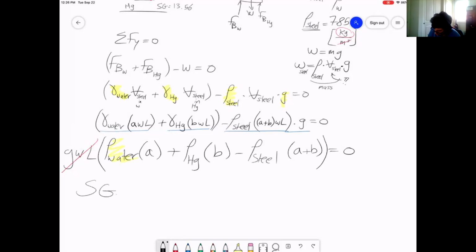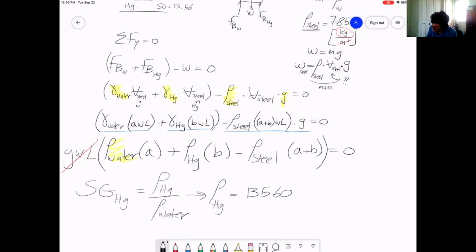We have the specific gravity given. It'd be specific gravity of Hg equals density of Hg over density of water. Exactly, and you cross multiply, you'll end up with rho Hg equal to, what's the specific gravity? 13.56 times 1,000. That's 13,560.